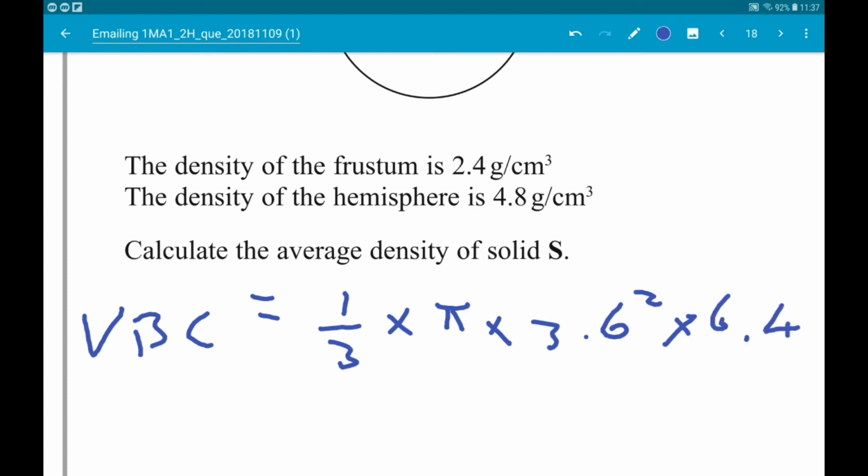Okay, now that is going to give us 86.9 centimeters cubed. Okay, now we need the volume of the small cone.